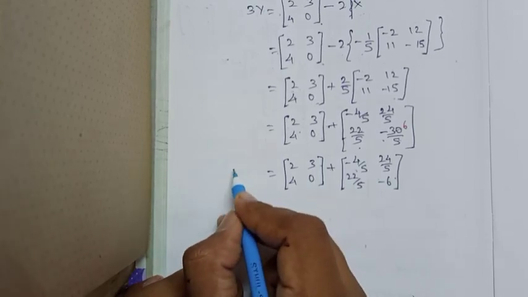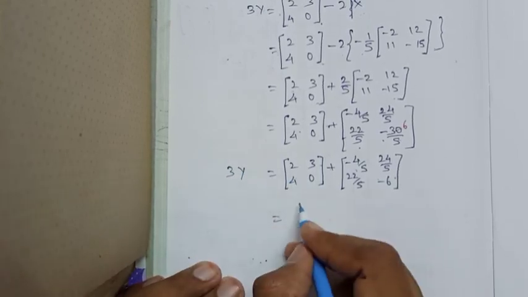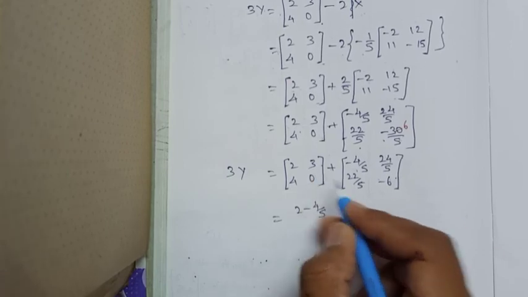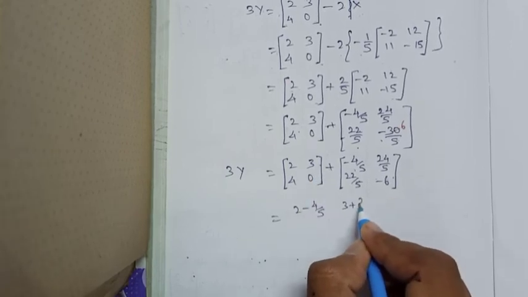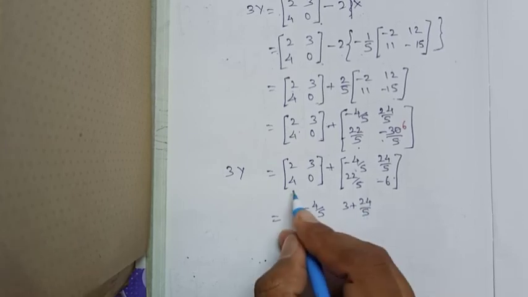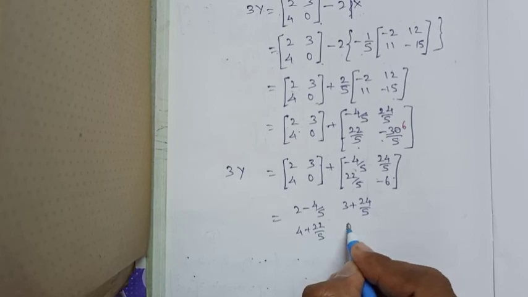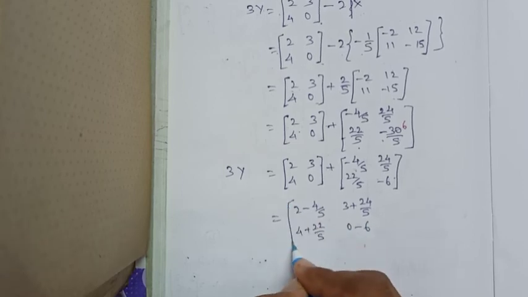Here on the left hand side 3y is there. So 2 minus 4 by 5, 3 plus 24 divided by 5, 4 plus 22 divided by 5, 0 minus 6.